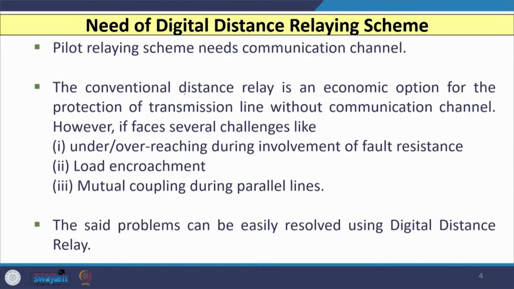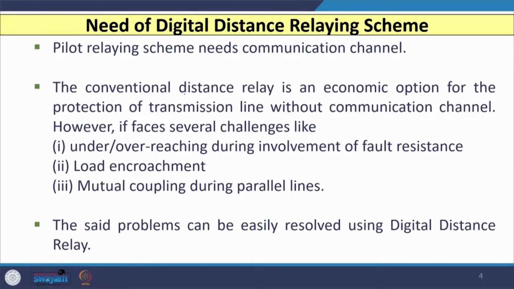Moreover, coordination of overcurrent relays is very difficult for a large interconnected system. That is why overcurrent relays are not used as primary relays for the protection of long EHV and UHV lines. So, the other option is either we go for a distance relay or we go for pilot relaying schemes.